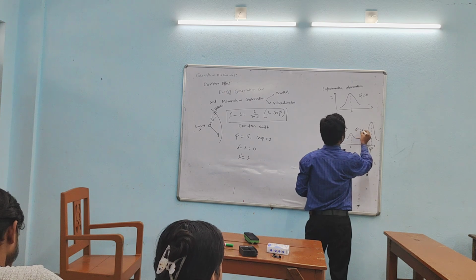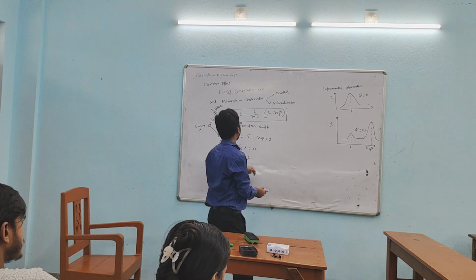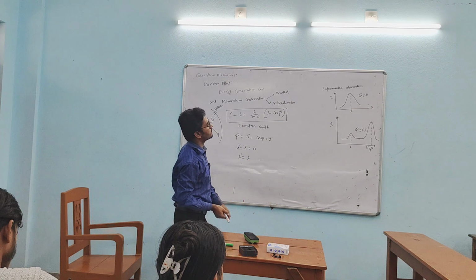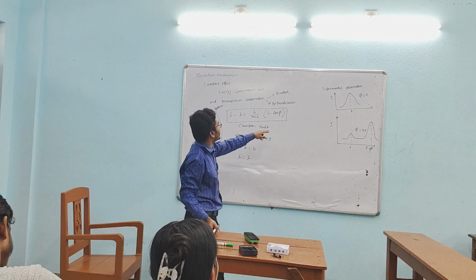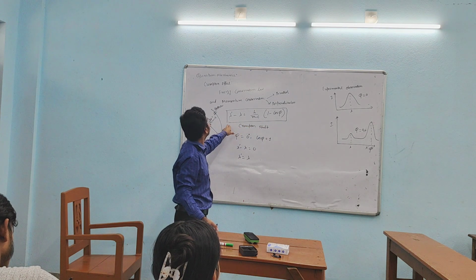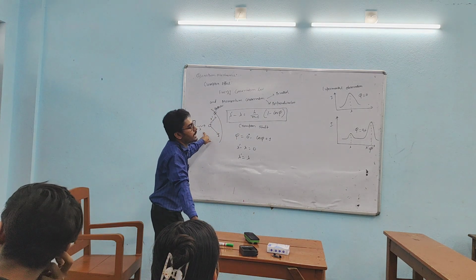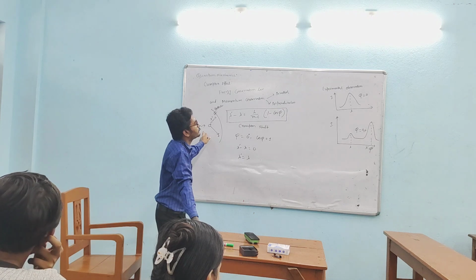This is phi equal to 90 degrees. In this way you can increase phi and calculate the shift, lambda dash minus lambda. Now it is consistent with the experiment. So this theory supports the particle nature of the photon, just like the photoelectric effect.